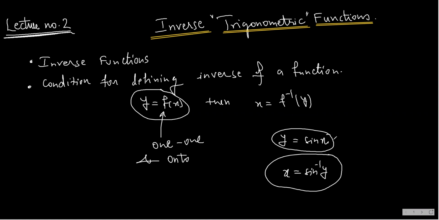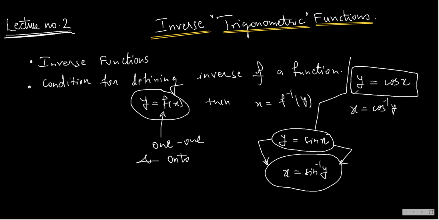Similarly, if I have y equal to cos x, then definitely x is equal to cos inverse y, but under some condition. That condition is required to be fulfilled. I have taught all these things in the last lecture.